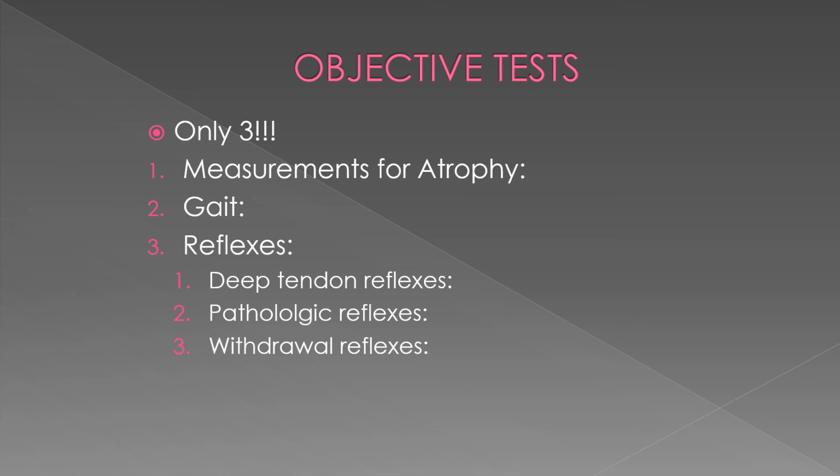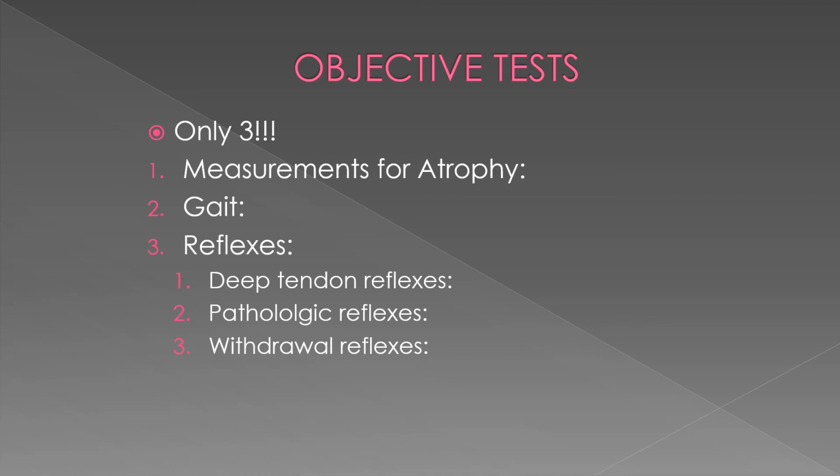Similarly, pathologic reflexes are a truly objective finding. That tells you that there are structures in the spinal cord that are not functioning properly. But what I want to talk to you about before we conclude today's program has to do with a different type of reflex, known as the withdrawal reflexes.